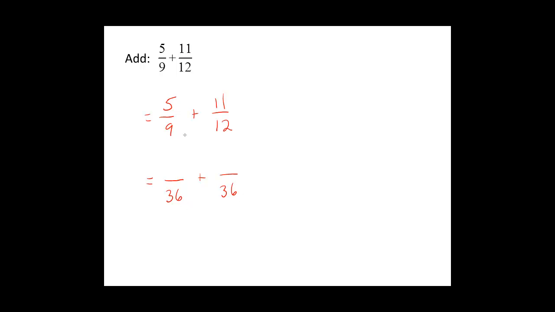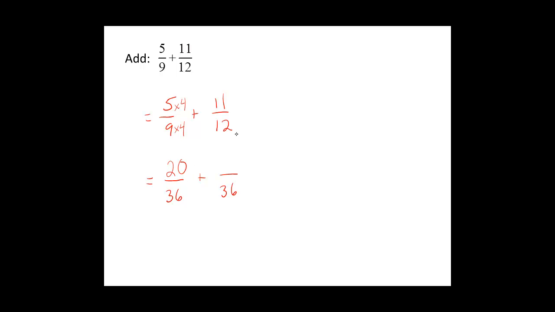Then we will ask ourselves, what do we multiply this denominator by in order to get the common denominator? 9 times what gives me 36? 9 times 4. So we multiplied the denominator by 4, so we need to multiply the numerator by 4. 5 times 4 is 20.